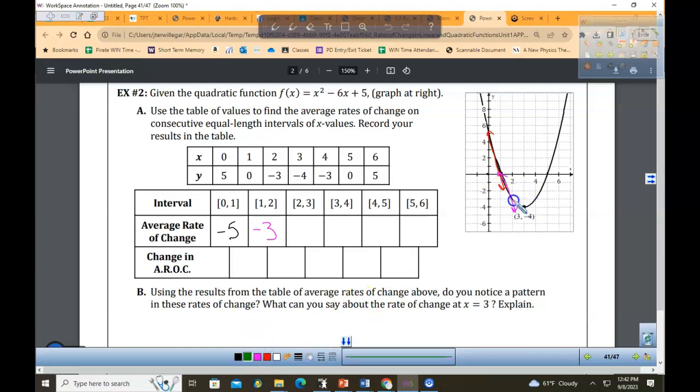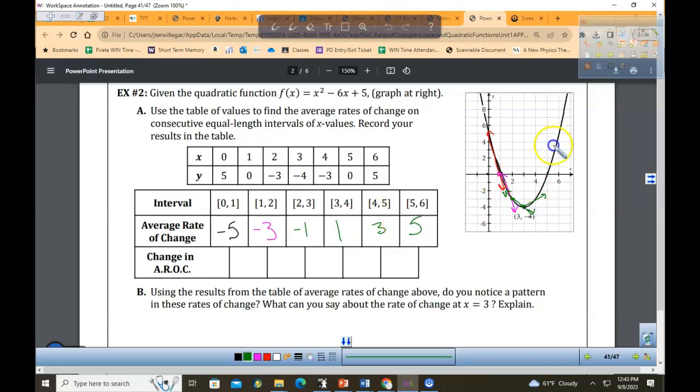My slope from 2 to 3 is -1. Do you see how those slopes are getting less and less intense downward? They're getting more and more positive. They're increasing. That's what makes it concave up, right? From 3 to 4, it starts going the opposite direction. We have 1, 3, 5. They're the same in reverse.